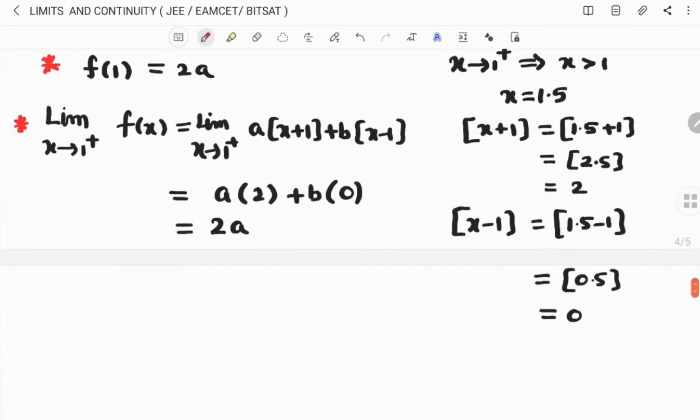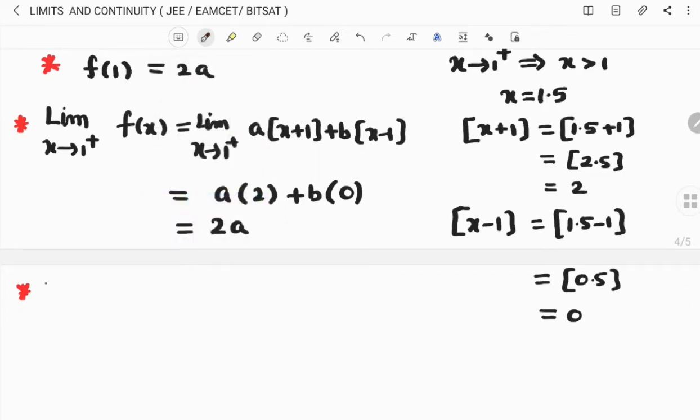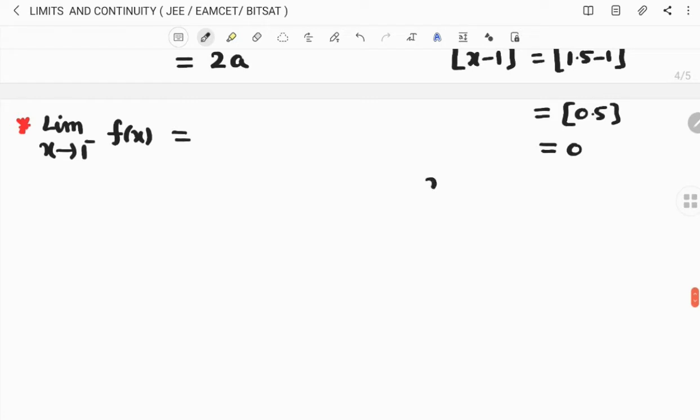And the next step, we are going to calculate the value of limit x tends to 1 minus. So as x tends to 1 minus, how the function is going. X tends to 1 minus implies that x is less than 1. I am considering x is equal to 0.5, that means 1 by 2. So based on x is equal to 0.5, we will calculate step of x plus 1.